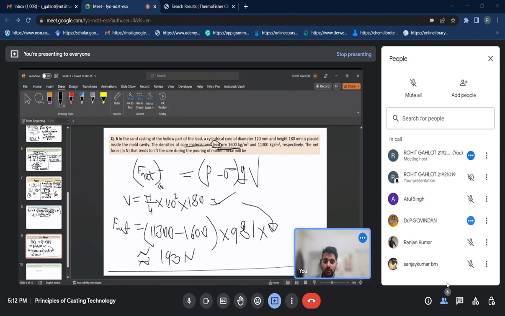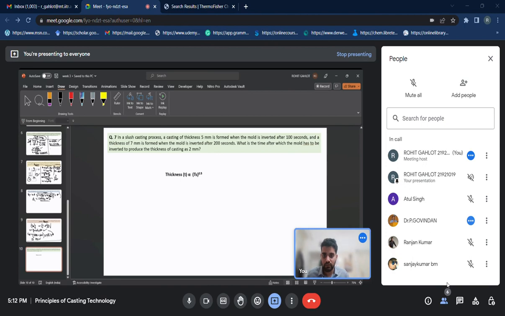So this F net will be approximately 193 Newton.